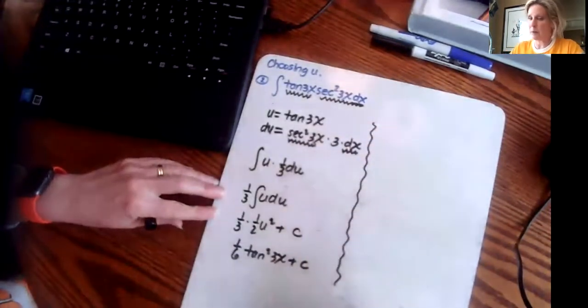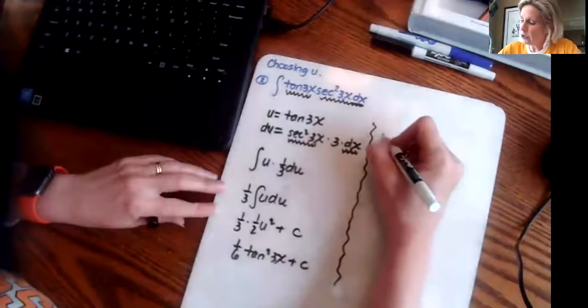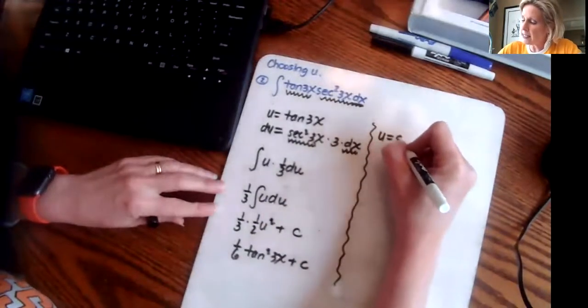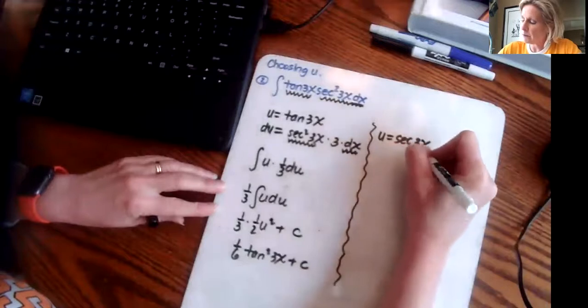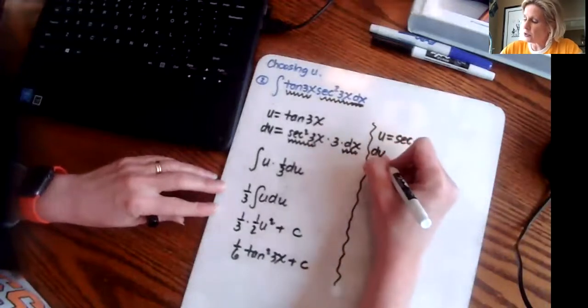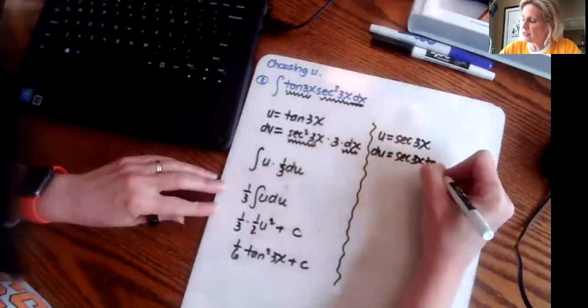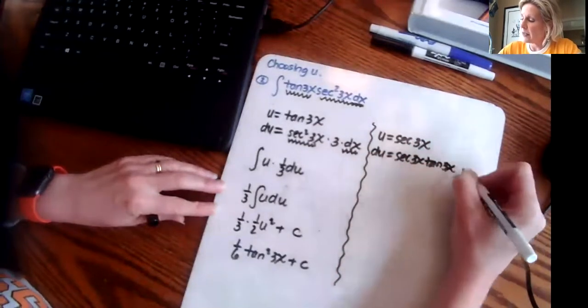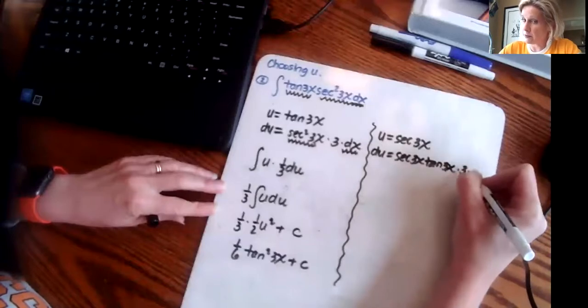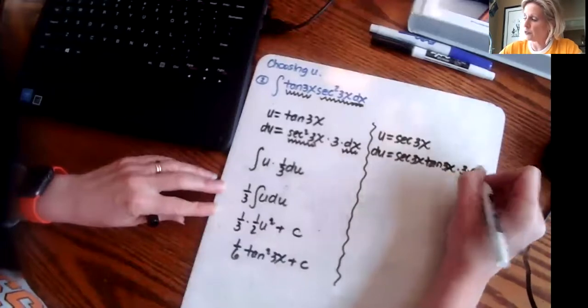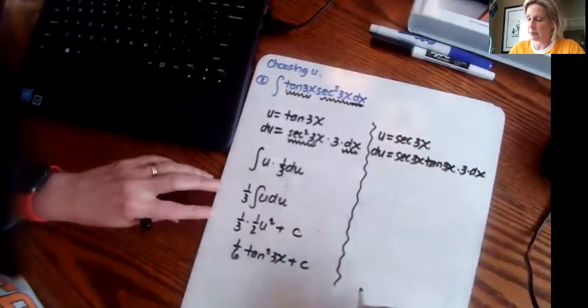So I could also go about this. I'm not going to do the whole problem, but I want to just show you. I could have said u is secant of 3x. Then du would have been secant 3x tangent 3x, and then times 3, the derivative of 3x, and then the dx.